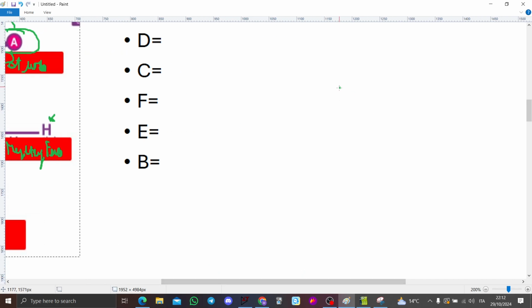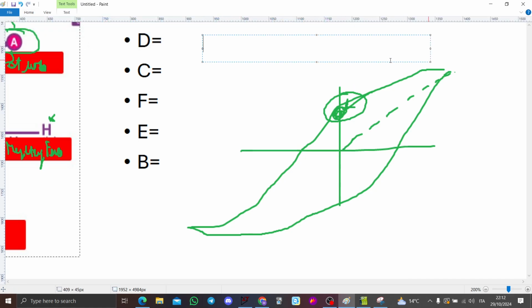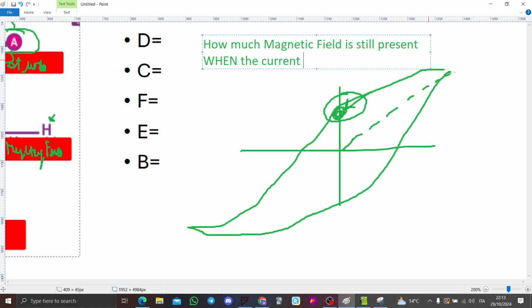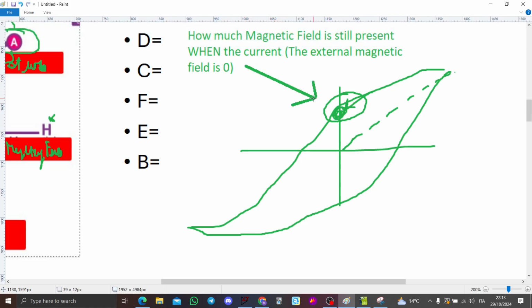Now let us explain how this point here and this point here influence your behavior. So basically, in a hysteresis loop, this point tells you how much magnetic field is still present when the external magnetic field is zero. This is the physical meaning of this point.